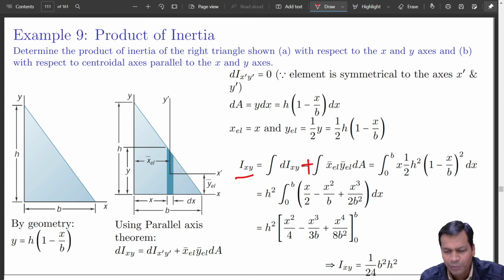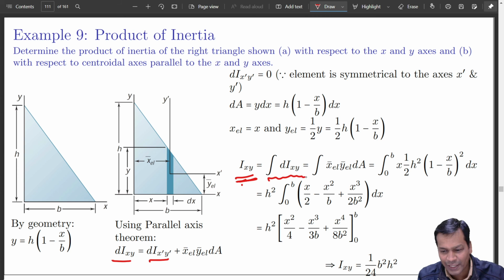Immediately as I substitute, the integral of xy will be equal to this. Now I think there will be a plus here, is it not? It is correct. It is dIxy directly.